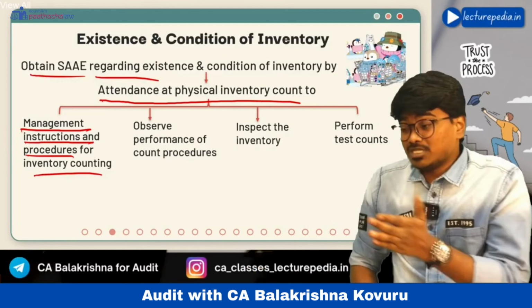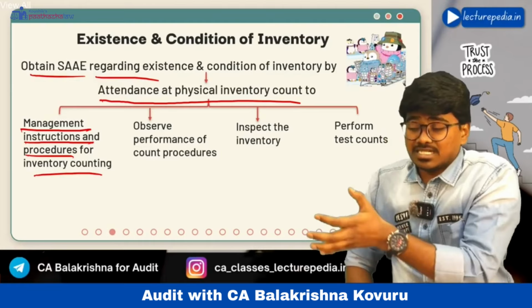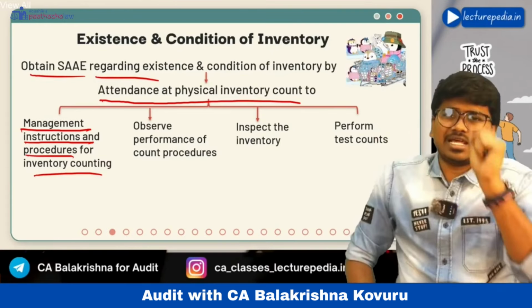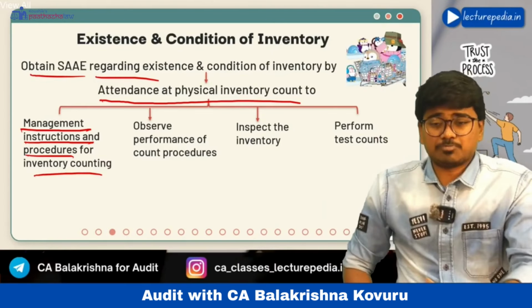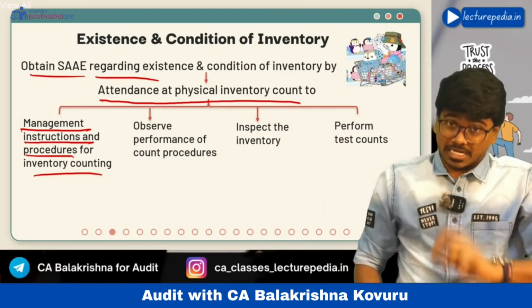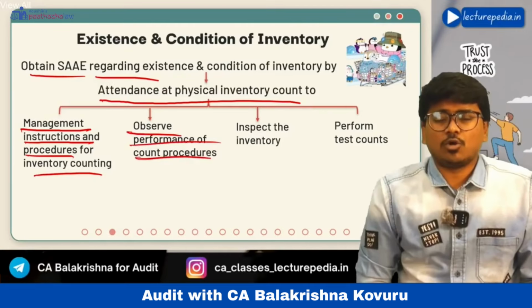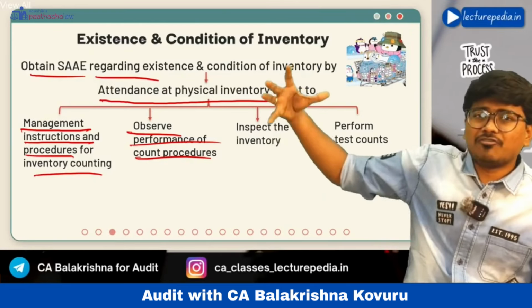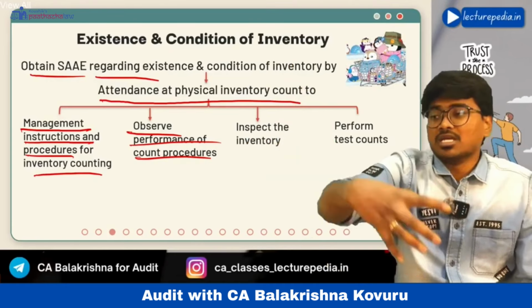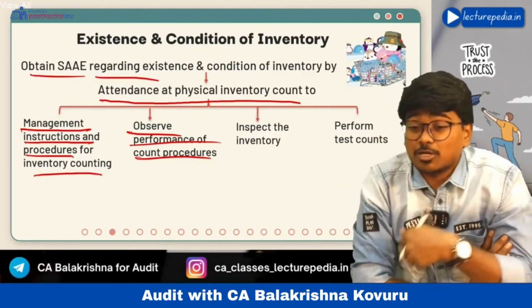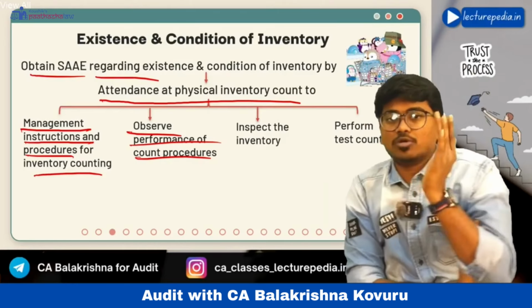So you have to evaluate whether that procedure followed by the management for counting the inventory is correct or not. For this purpose you will attend the inventory counting. Next, you have to observe the performance of count procedures. The management's staff will be performing inventory counting. You have to stand and observe whether they are properly conducting the inventory counting or not.